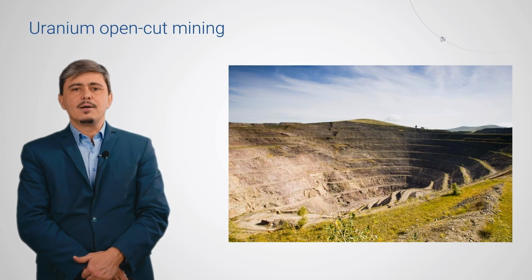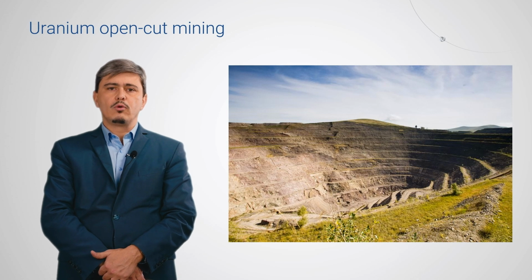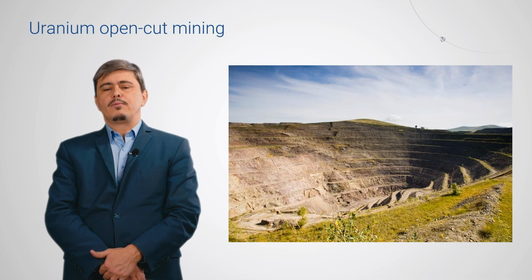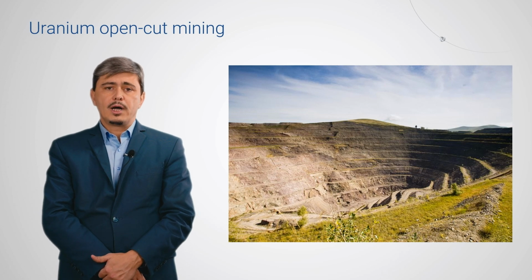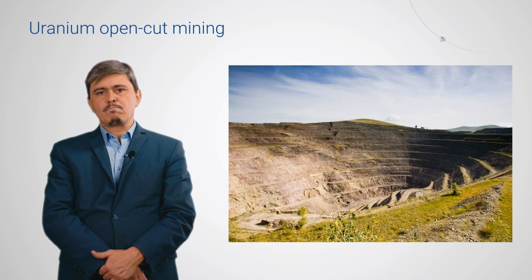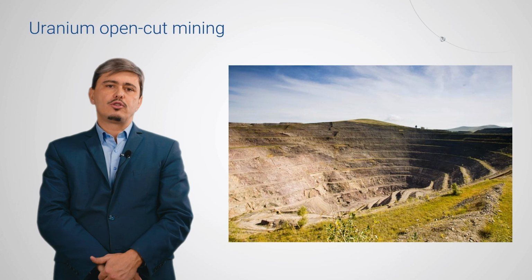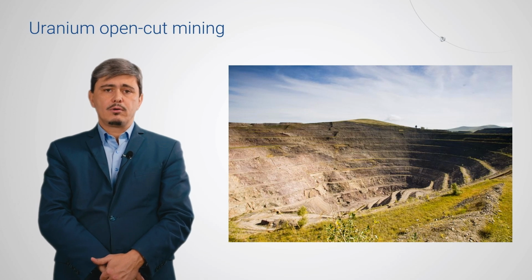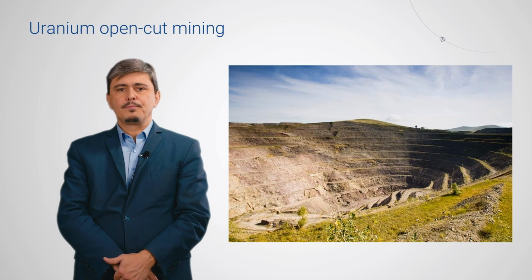Of course, this method is maybe the cheapest and simplest, because there is no need to construct deep shafts in the ground. But nowadays it's very hard to find places on the Earth with uranium suitable for this method, because many places have already been extracted.